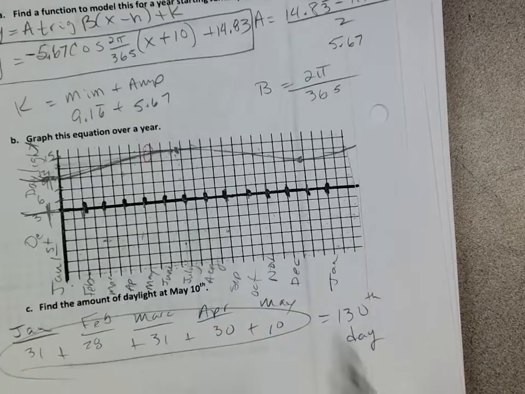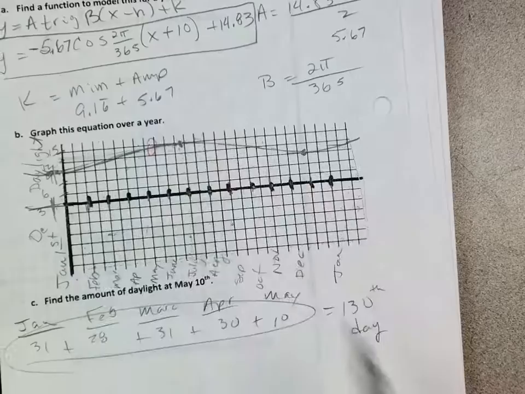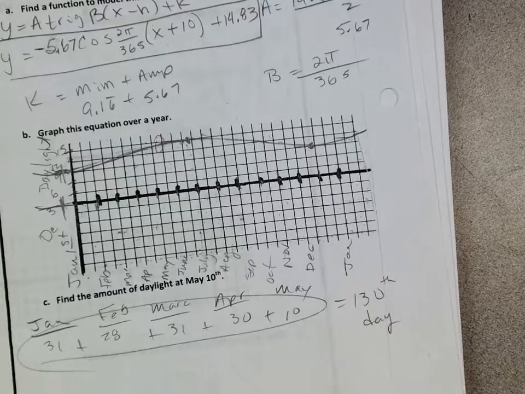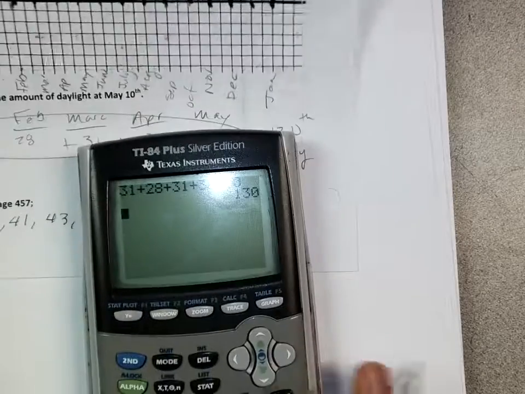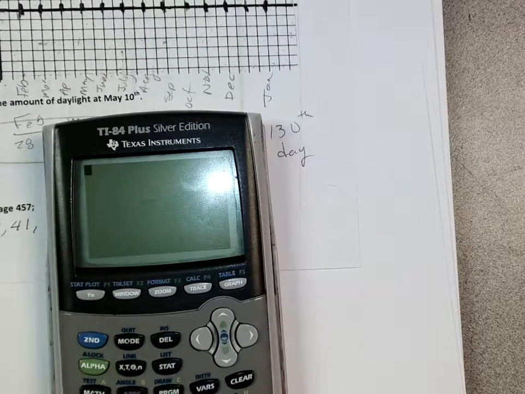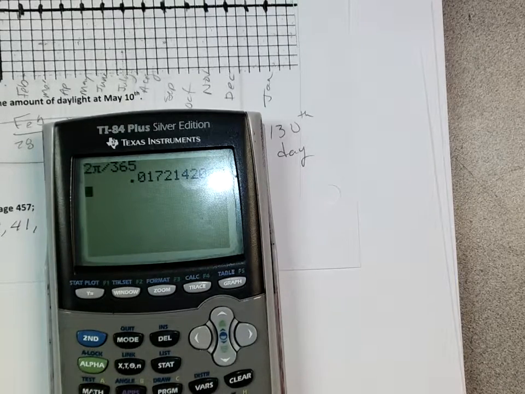So I'm going to plug that into my equation, and I'll find out how much daylight happens to be there. For me personally, I'm going to do this. Watch: 2 pi divided by 365, then store it.